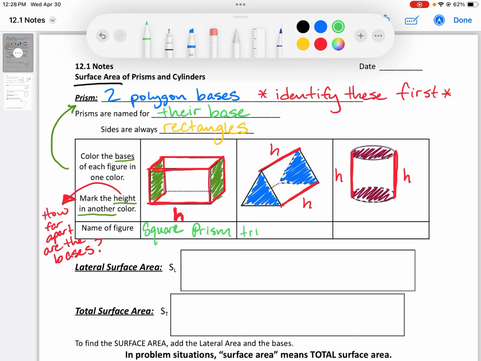Our next one has triangle bases, so it is a triangular prism. And our last one has circles, but we're not going to call it a circular prism. It's got its own unique name. That is a cylinder.